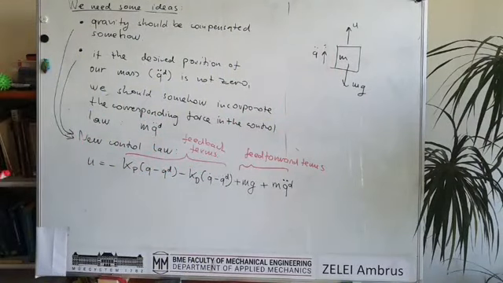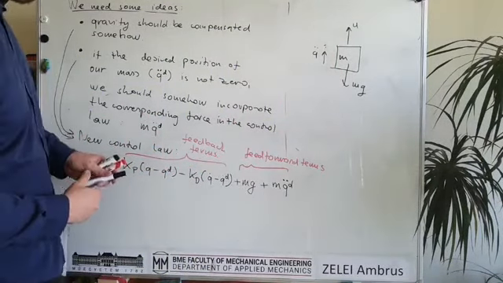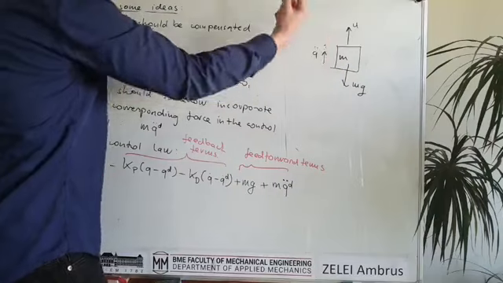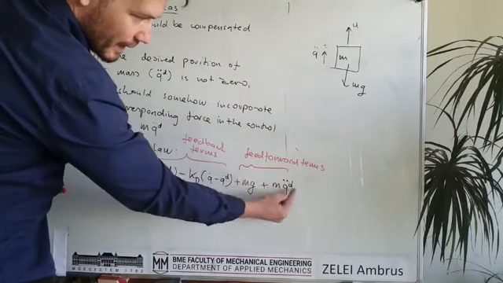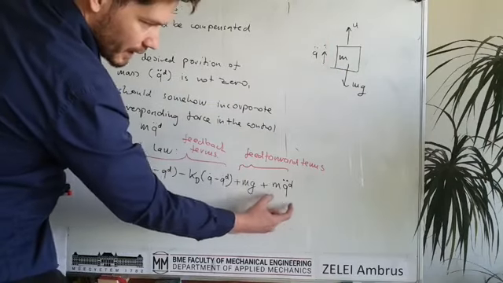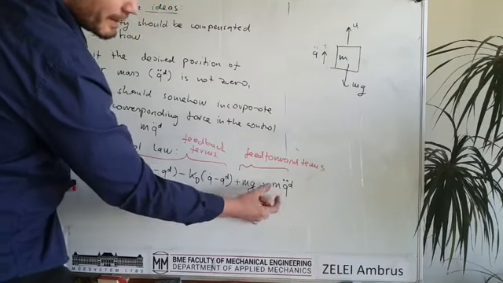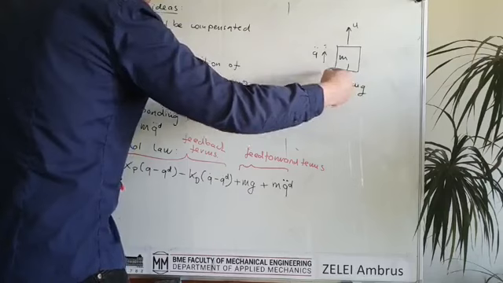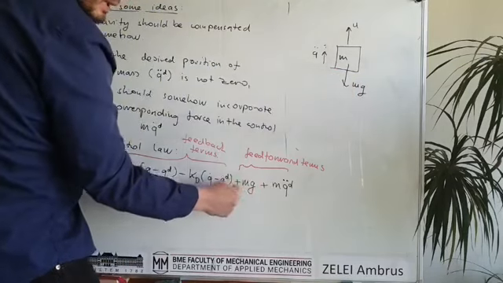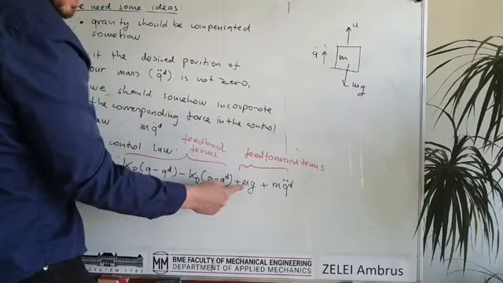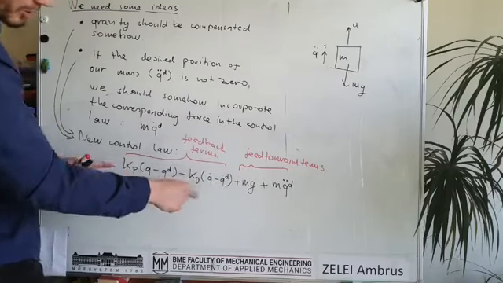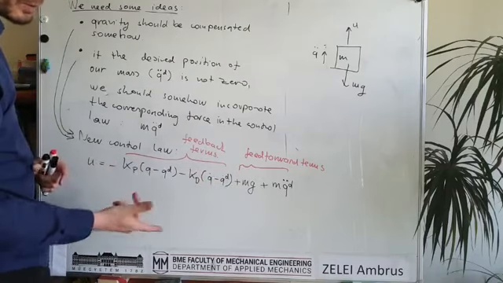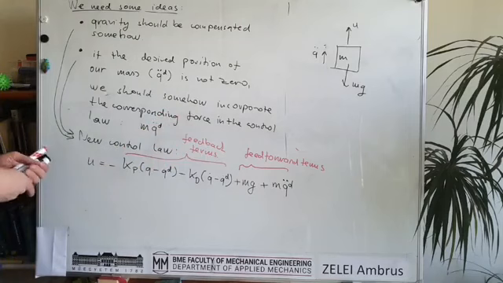So it seems to be trivial that if we would like to accelerate our mass upwards, then we should apply this kind of force here, which is m times the acceleration, and we also should have some force which compensates for gravity, like here, okay? And then on top of it we should apply a PD controller which eliminates the small errors.